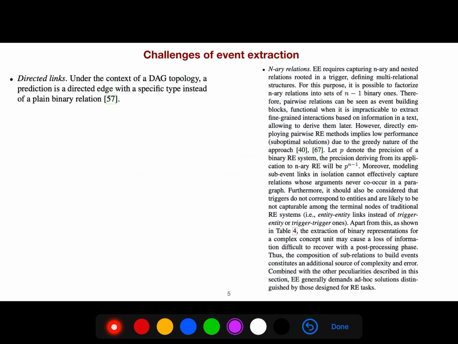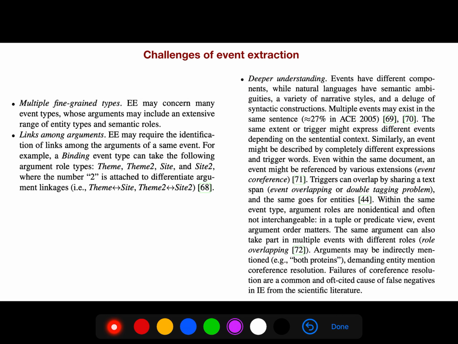So, event extraction requires n-ary and nested relations, defining multi-relational structures. And it may concern many event types whose arguments may include an extensive range of entity types and semantic roles.